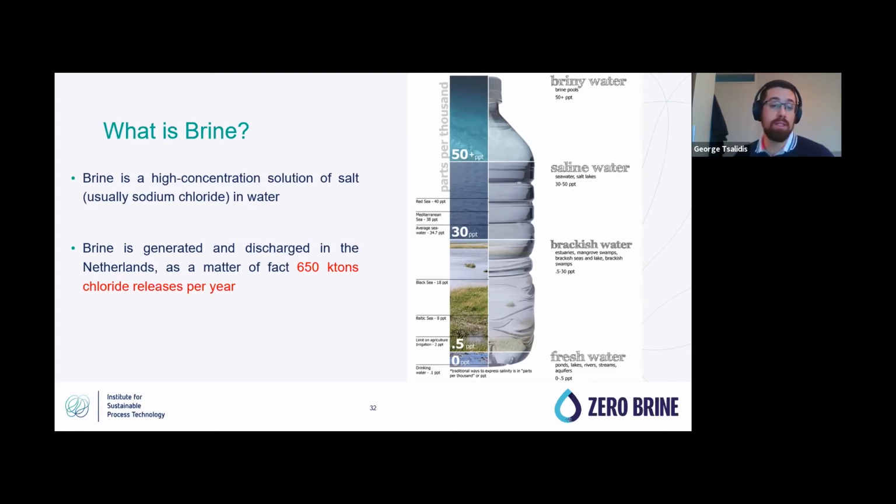As a matter of fact, every year 650 kilotons of chloride releases happen in the Netherlands, and this regards only the chloride releases. As you can imagine, brine can be 10 or more times more than that.